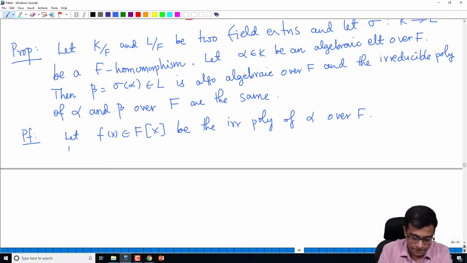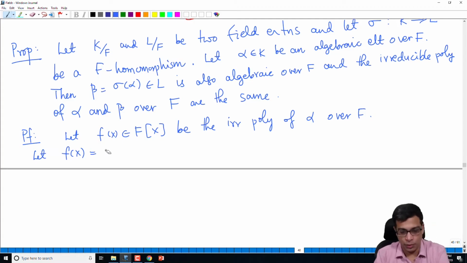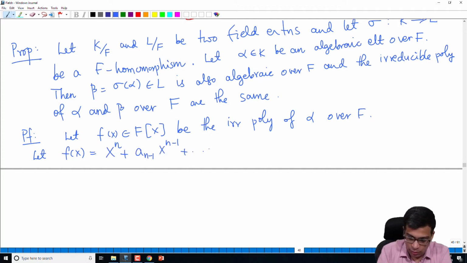So what do we know? We write f(x) as a monic polynomial, right? An irreducible polynomial is by definition monic. So we can write it like this: x^n plus a_{n-1} x^{n-1} plus dot dot dot plus a_1 x plus a_0. And what do we know about the a_i's?